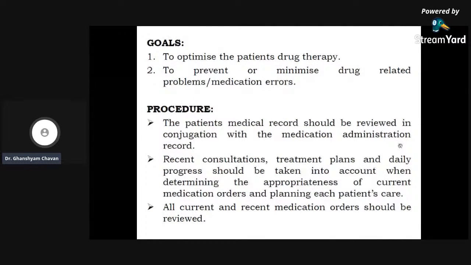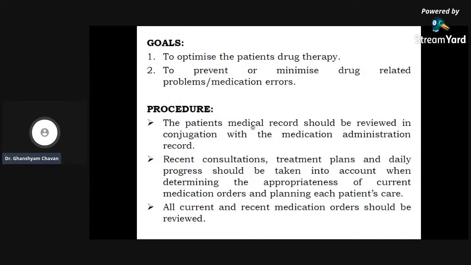The medication administration record means whatever drugs we are administering to the patient during the therapy. It should match and tally with the patient's conditions. Suppose the patient is allergic to cephalosporins, for example cefixime; he may have a direct allergic reaction if he takes it, and that allergy is in the medical record.